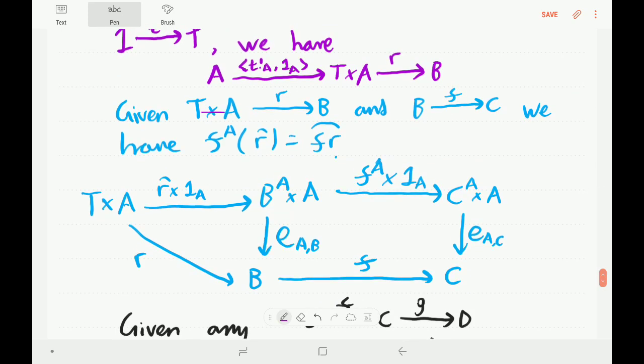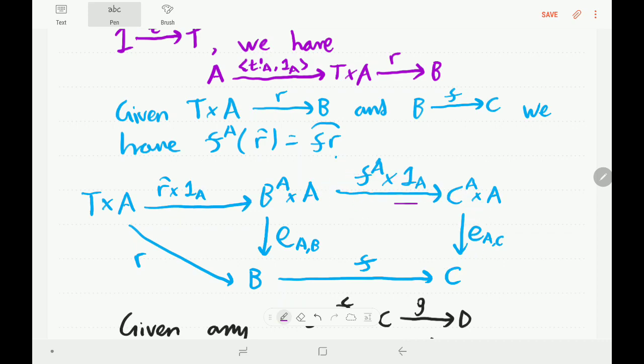So given an arrow R from T times A to B, and an arrow f from B to C, this is really the core equation that we have: f to the power of A working on R transpose is f R transpose. And we can see this by this diagram, which we've already looked at.